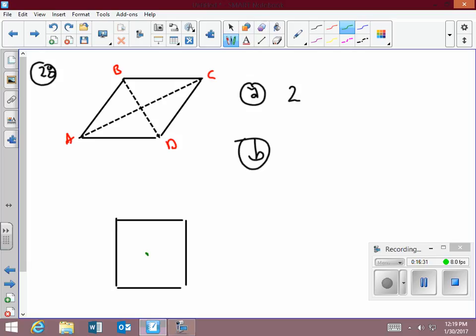If you rotated that 90 degrees, it would just fall on itself. So if you lettered this A, B, C, D, you could rotate it 90 degrees and put C here and D there and A there and B there. Then you could rotate it again and rotate it again. And some things have rotation symmetry, but that rhombus doesn't.